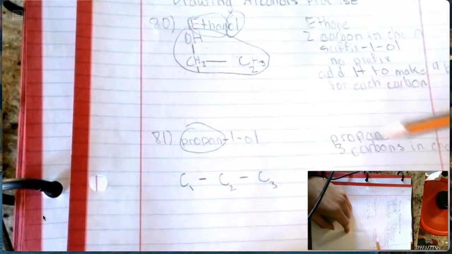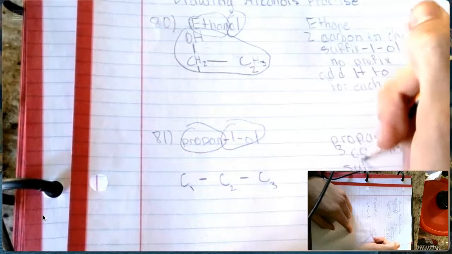So we can then draw our chain. So 1, 2, 3 carbons and number it from left to right. So 1, 2, 3. And then after that, we can look at our alcohol again to identify our suffix.